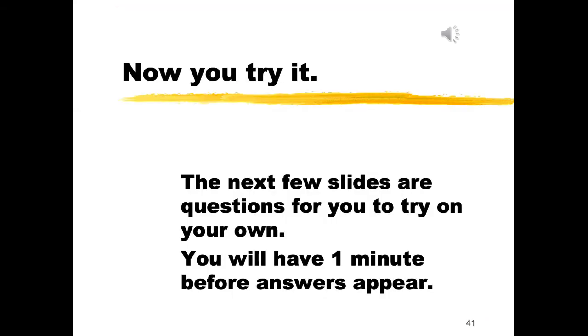Now it is your turn to try to interpret a few examples of EKGs. The answers will appear after about 1 minute.